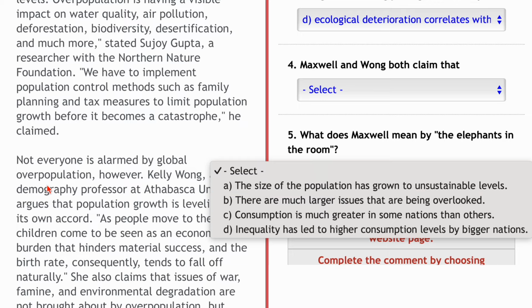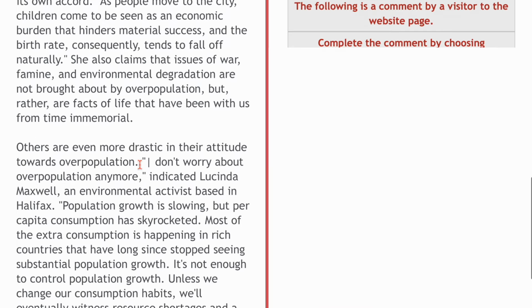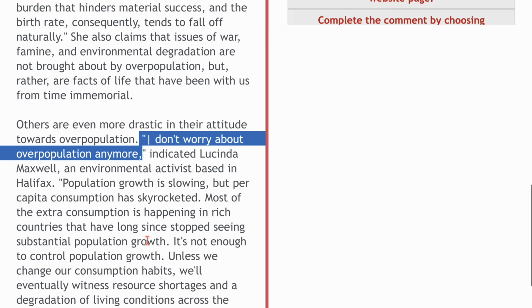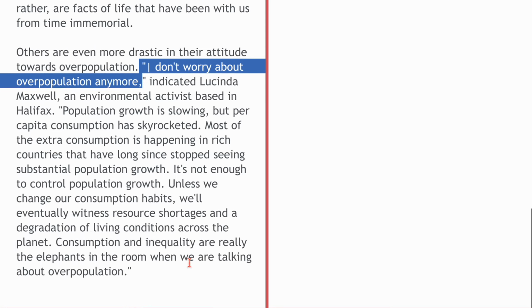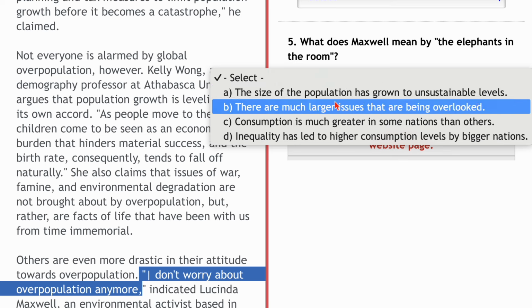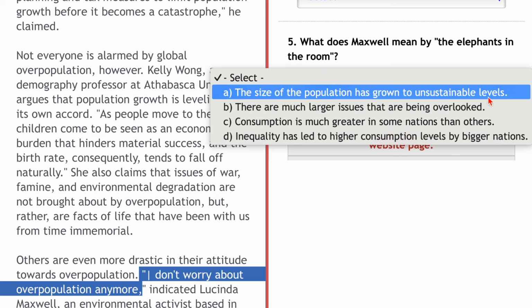She said right here, "I don't worry about overpopulation anymore." So it can't be that she thinks population has grown to unsustainable levels, because she's not worried about population growth. So not A. So B, C, D.